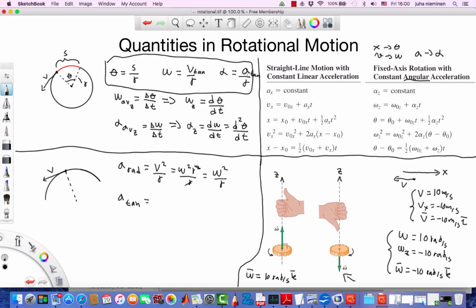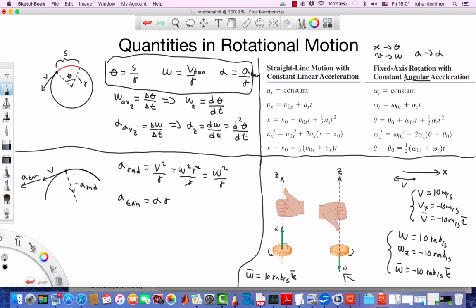So the tangential acceleration is the angular acceleration times r. So for acceleration now we have two components. First of all, we have the radial going this way, and then possibly if the particle's velocity or speed is changing, it has tangential acceleration.